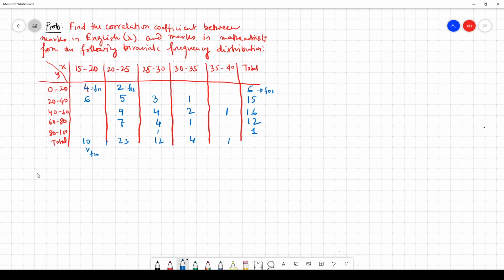Class mark Xi is the mid value. This is the mid value.